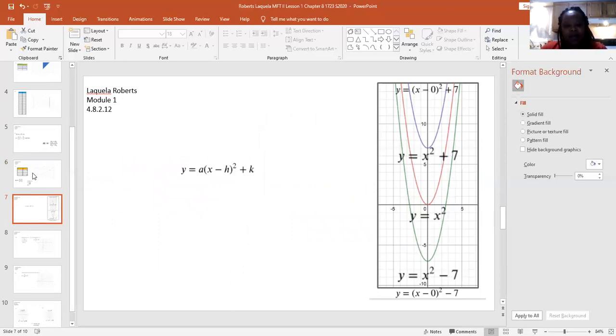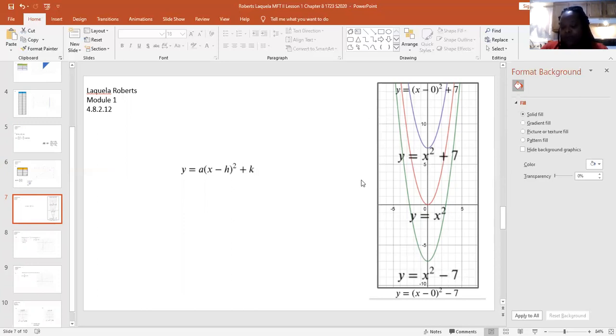All right, let's head on over here to our other functions to show the difference in graphs. So x has to follow the functions y equals x squared, y equals x squared plus 7, and y equals x squared minus 7. So it has to follow these rules, okay?